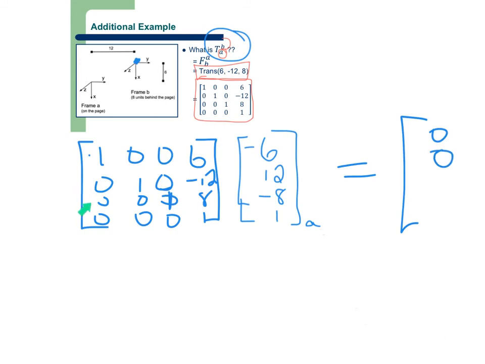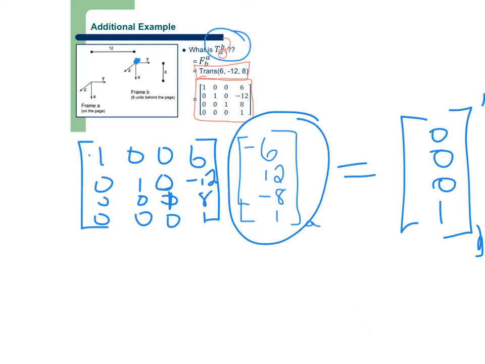And I have 0 times -6 is 0 plus 0 plus -8 plus 8. So there we go. We have another 0. And last one, we got 0, 0, 0, 1. So check it out. This point in A coordinates is the same as this point in B coordinates, which is exactly what we'd expect.